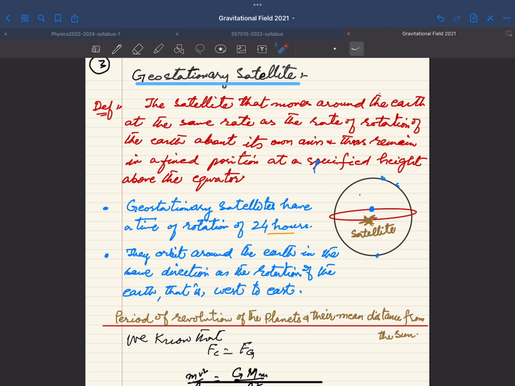The orbit is around the earth in the same direction as the rotation of the earth, that is from west to east. That is, if you are going in this direction and there is a body coming with the same velocity in the opposite direction, then of course you will feel that these two bodies are moving with respect to each other.